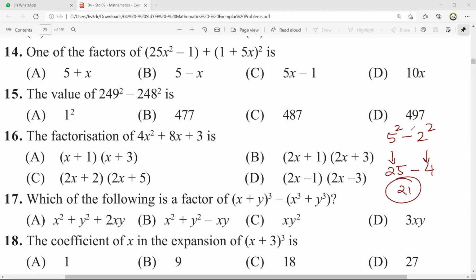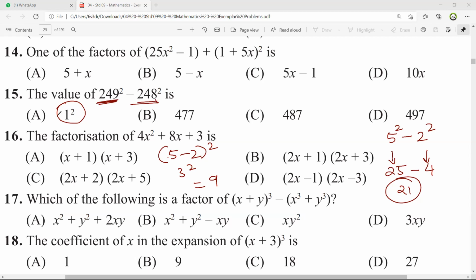Okay. Now let's take a look at what is 5 minus 2 whole squared. 5 minus 2 whole squared is 3 squared, right? Because 5 minus 2 is 3. So 3 squared, and that is 9. So these are two entirely different things. Okay. So that is why the first option over here is written as 1 squared, because they know that a lot of students, because it's very intuitive to just think of it like, oh, 249, 248, they differ by 1.